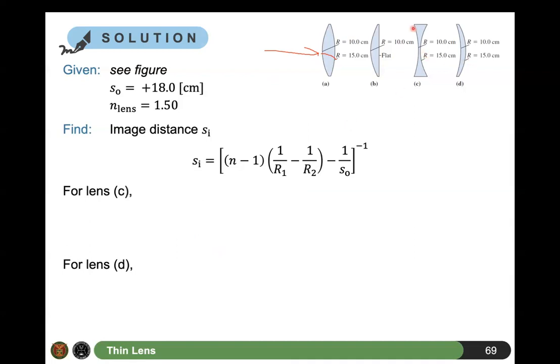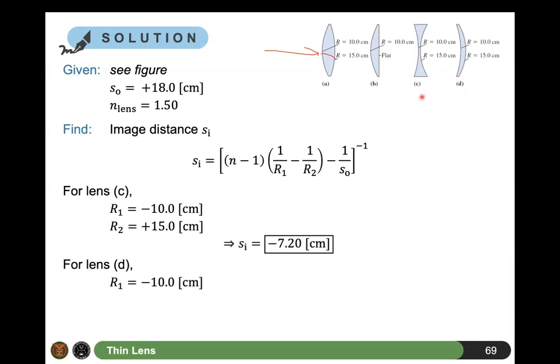For lens C, concave. So, concave siya sa start, that will be negative. Then, yung R2 is convex with respect sa object, so positive. Okay? And for lens D, concave, so negative, tapos concave ulit, so negative din yung R2. And we get this. Okay?